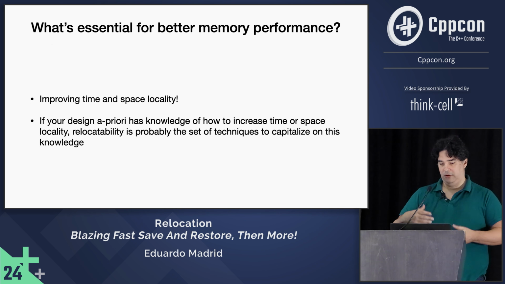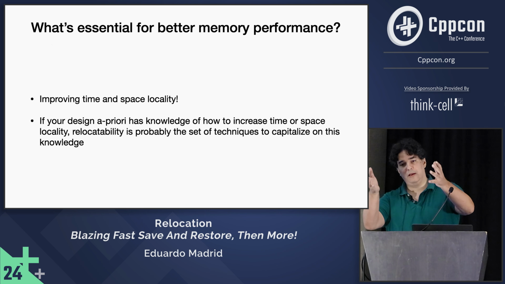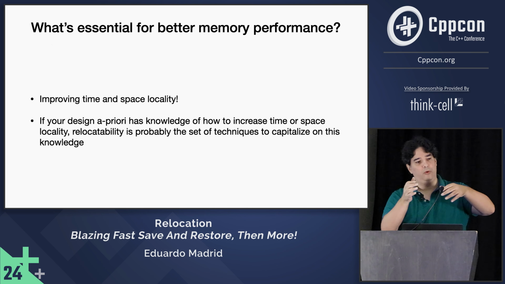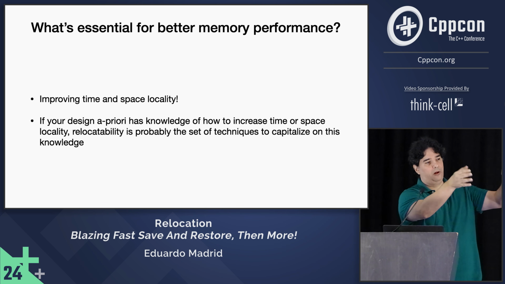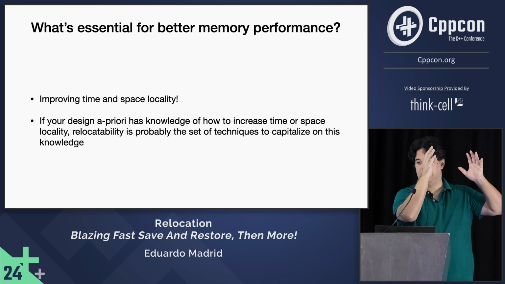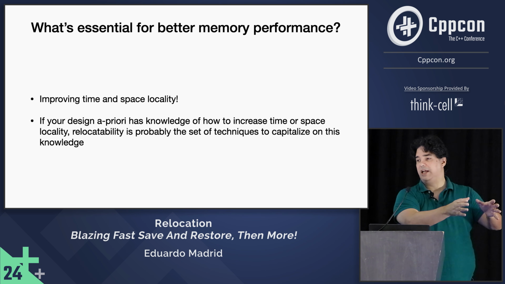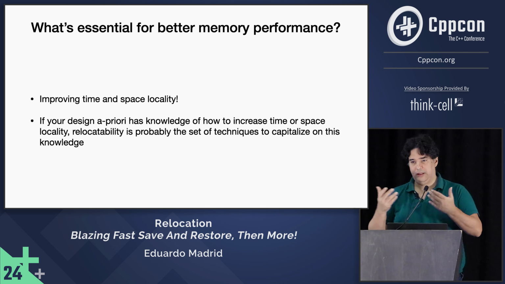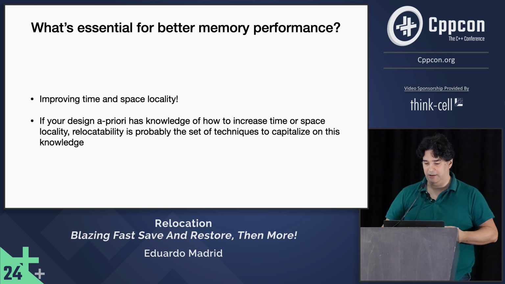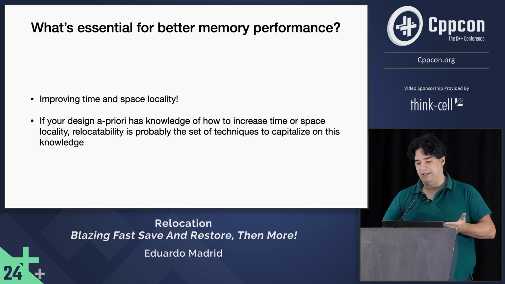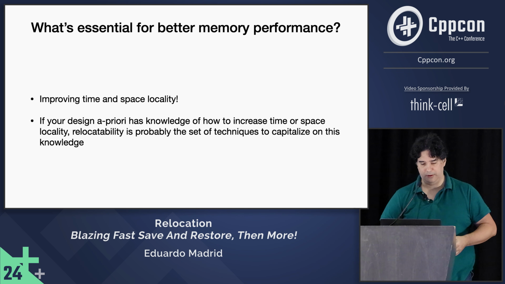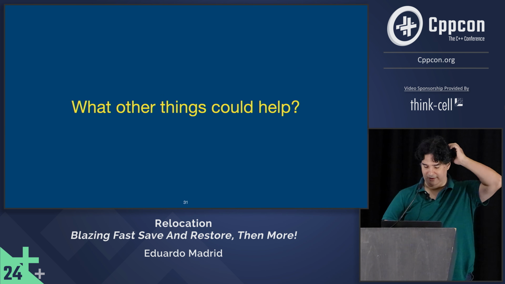And then you can do something like, for example, moving those things to a part of the memory where they are all together so that they have much better time and space locality. It is relocatability, the thing that's going to allow you to capitalize on that a priori knowledge. That is hopefully an example that clarifies things.